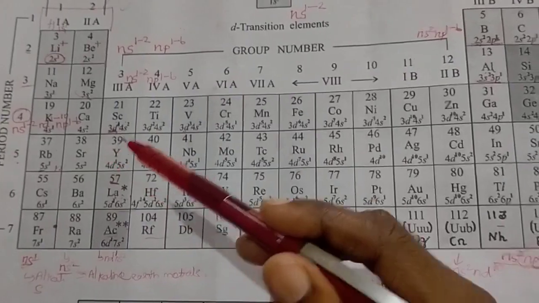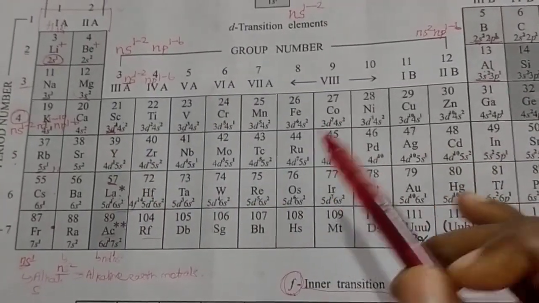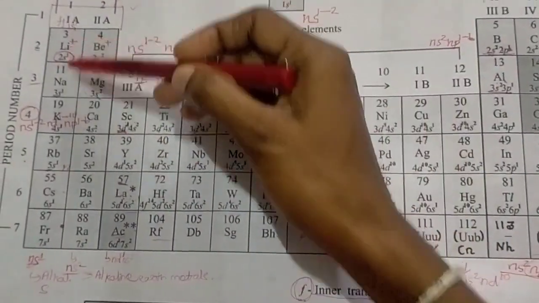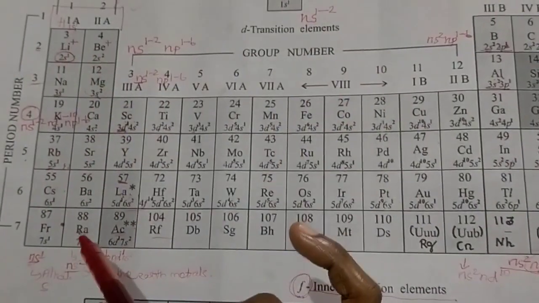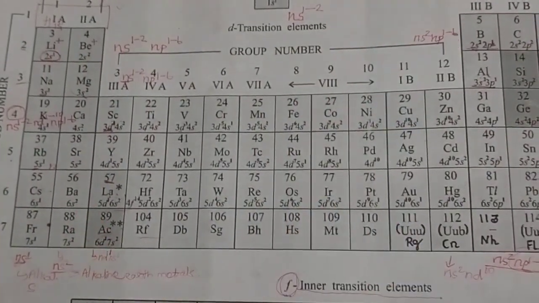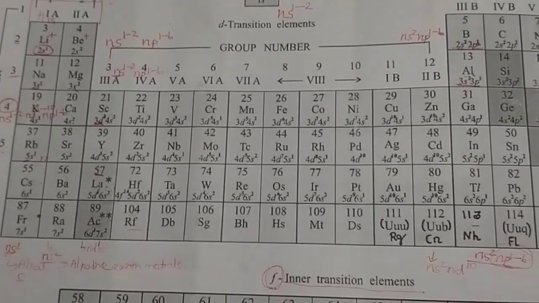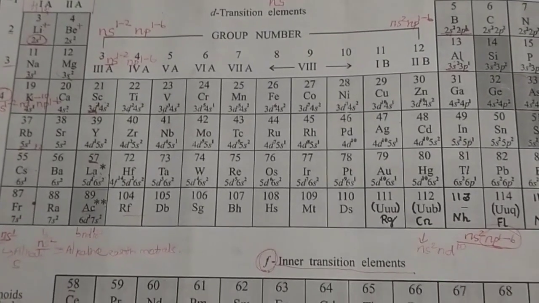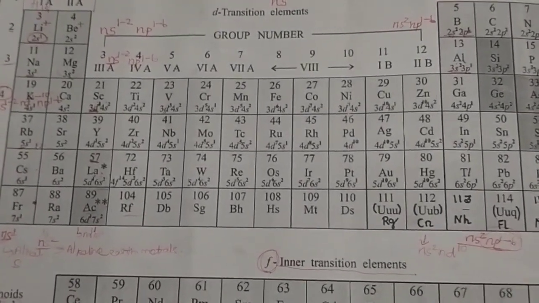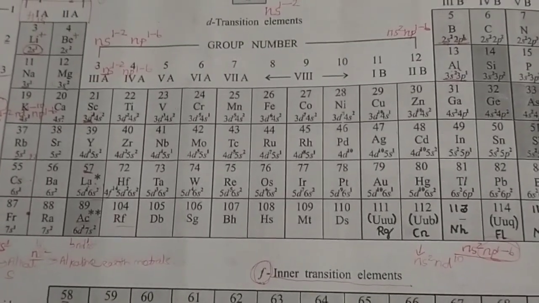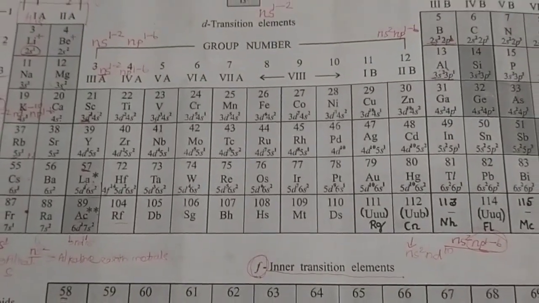So the ionization energy decreases from top to bottom of the group. The nuclear force of attraction on the valence electron decreases, with decreasing ionization energy.